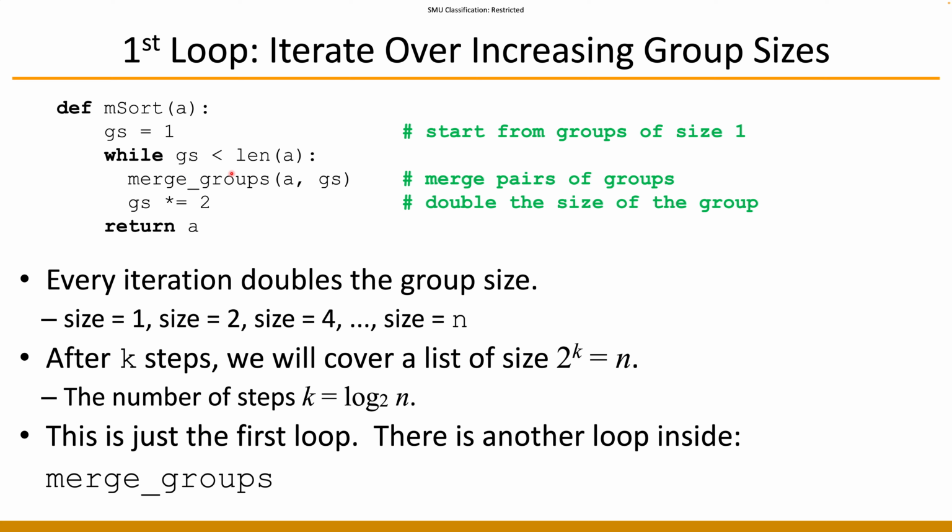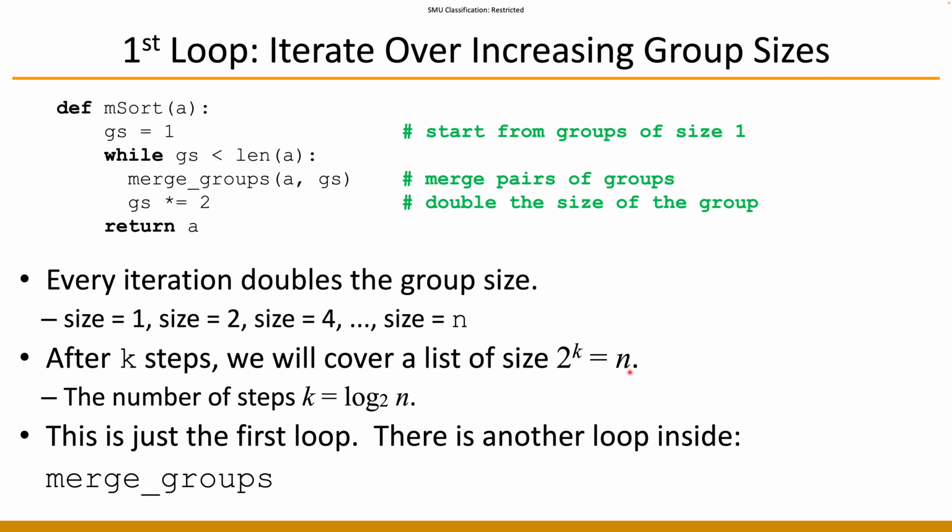If you want to estimate the number of times it takes to execute this particular while loop, you just recognize the fact that because GS is multiplied by 2 every time, essentially what we are looking for is the step k such that after you double the group size k times, you eventually equal n or go above n.